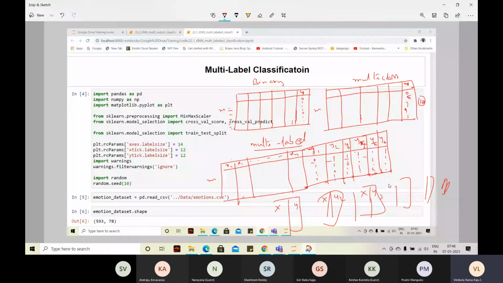So the realistic case: if you take a picture, like this is a picture. There is a bike, and there is a man, and there is a cat. So there are 3 objects there.